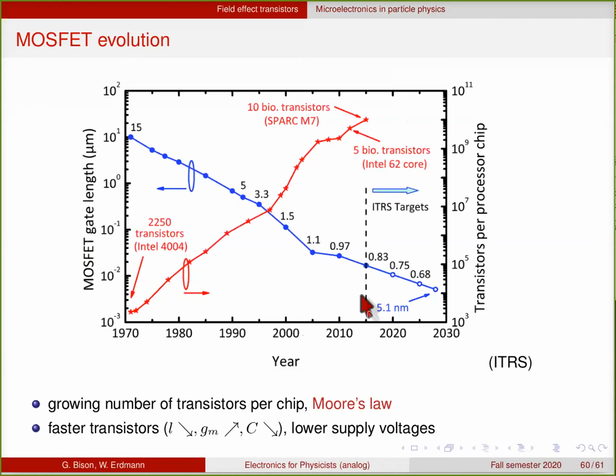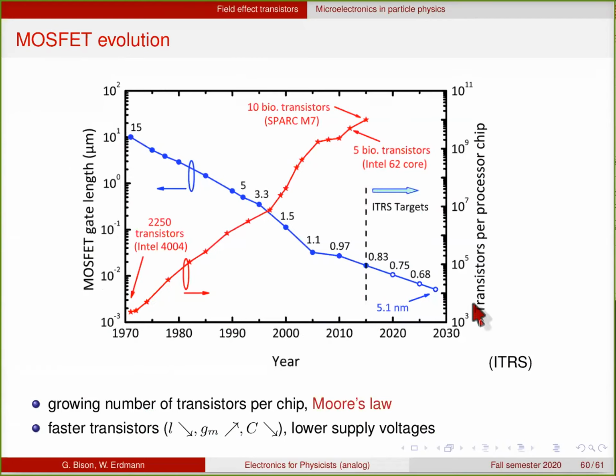Okay, so a bit of an outlook. The field effect transistor is evolving. So it was invented maybe in the, let's say, in the 60s, 70s. And since then, there has been a continuous development. So as a function of years, the gate length was reduced.